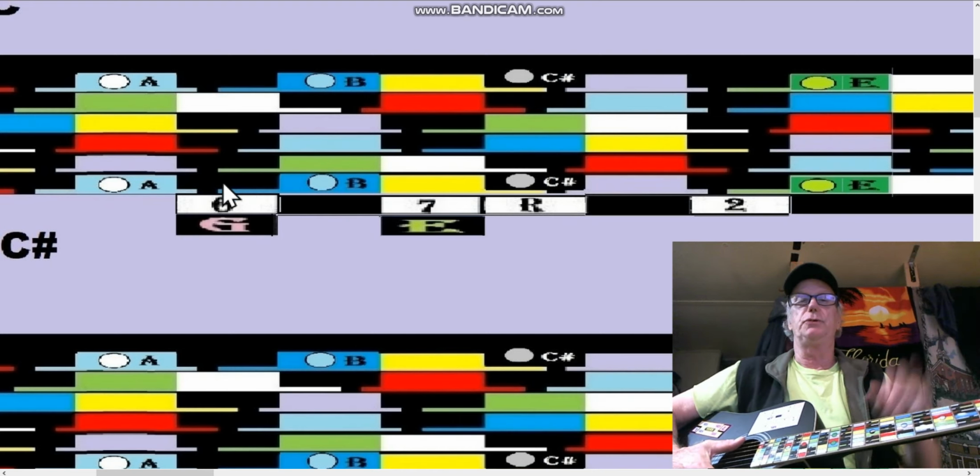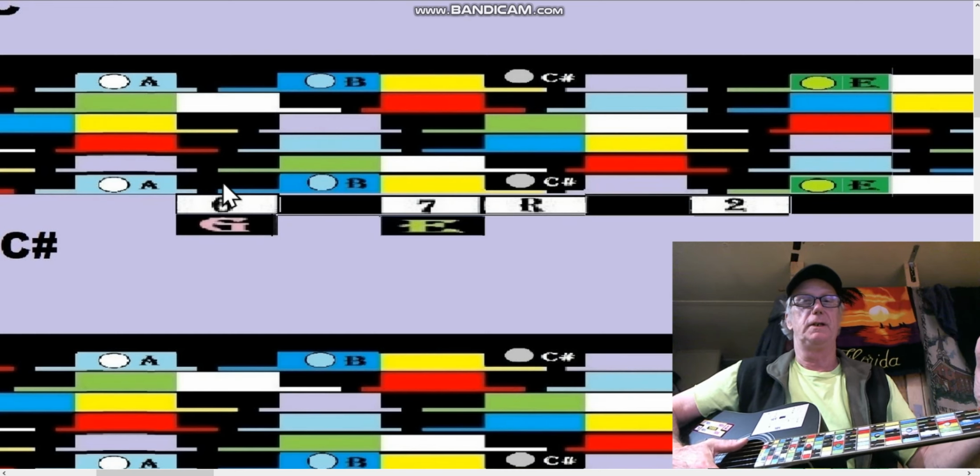That has nothing to do with this guitar being down tuned, being a flat instrument. So we start on the C sharp there as the root, and we can play the G pattern there. We start with that G pattern, 6, 7 root.